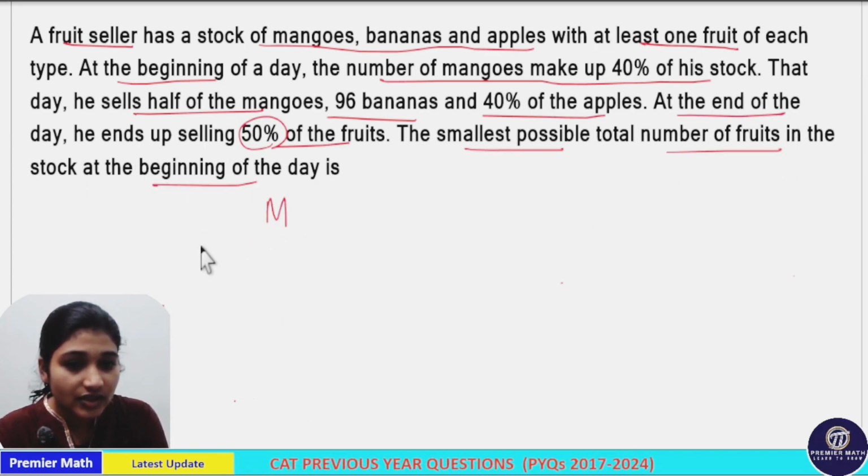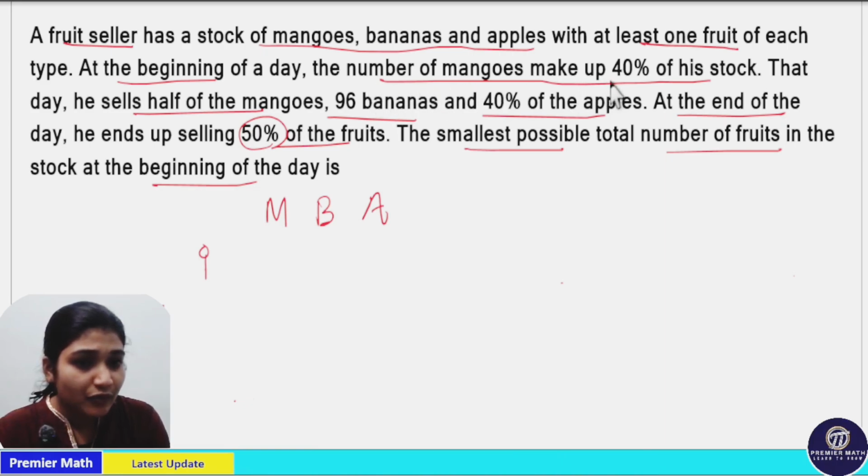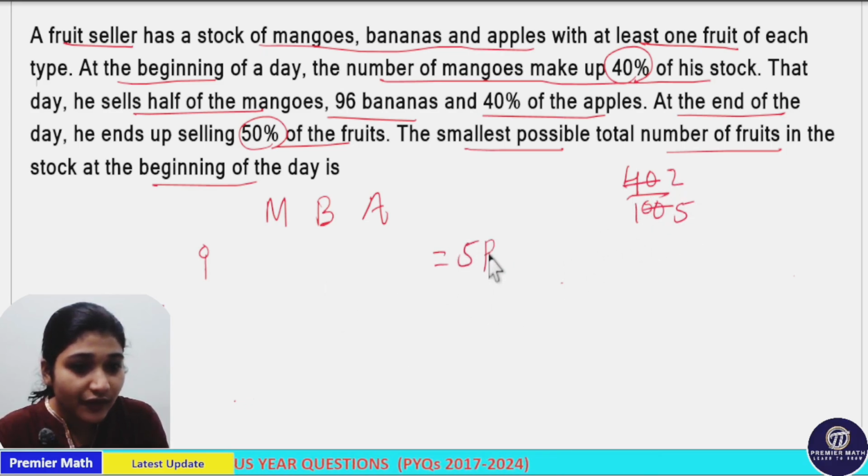Here, initially, he had mangoes, bananas and apples. Now, the number of mangoes is 40% of the total fruit. So, 40% means 2 by 5, which means if I'm taking total fruits as 5 parts, then the mangoes he had initially is 2 parts.